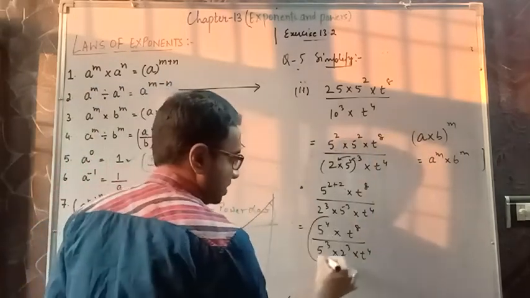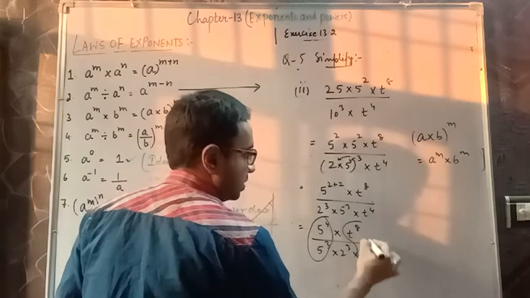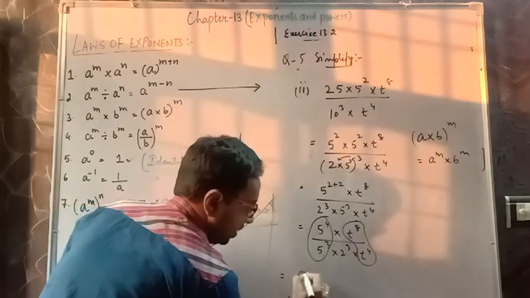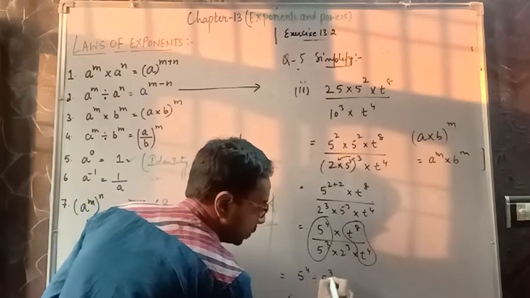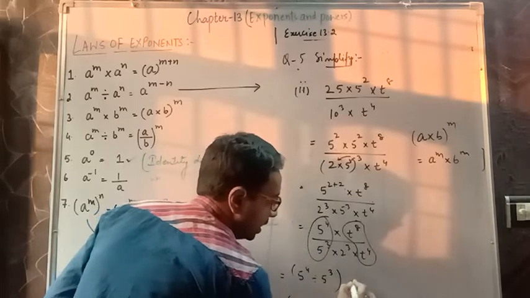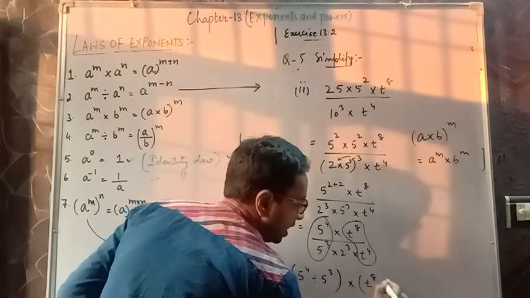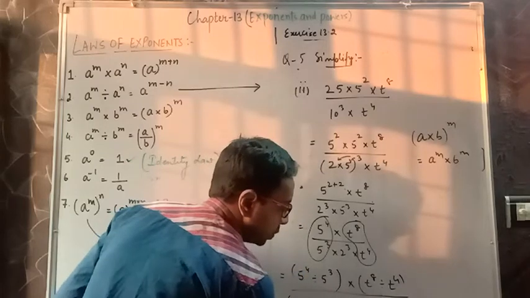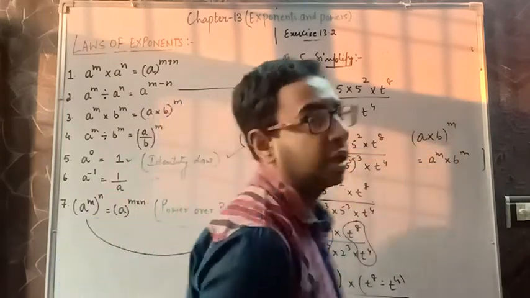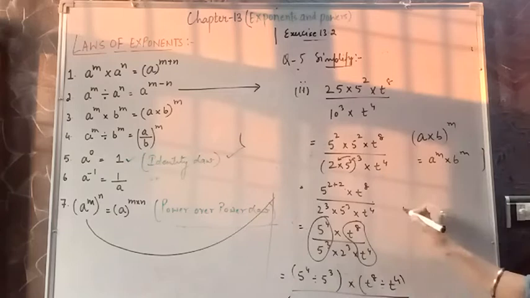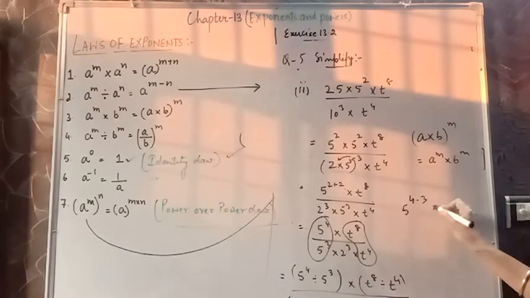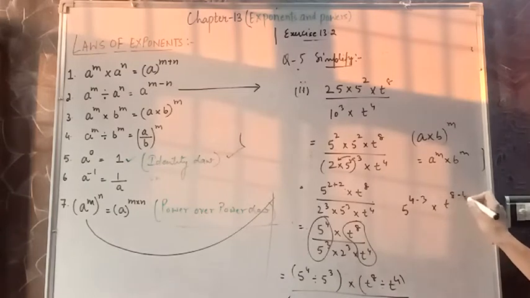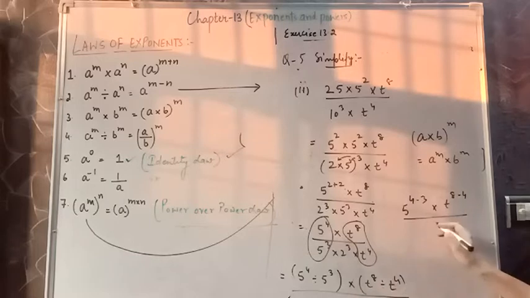Now, as it is, what we'll do: I can write 5 raised to power 4 divided by 5 raised to power 3, in multiplication 2 raised to power 8 divided by 2 raised to power 4, and this 2 raised to power 3 as it is. We will not take it to the numerator. Now, 4 minus 3 multiplied by 2 raised to power 8 minus 4, upon 2 raised to power 3.